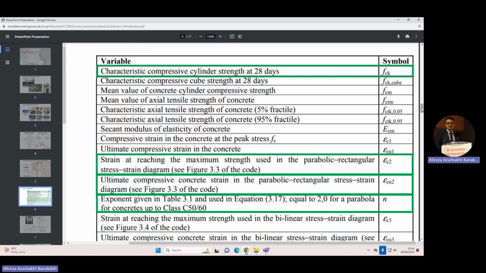Get the symbols fck, epsilon c2, epsilon cu2, and n. These are the parameters. Get the definition, what each is, and we come back to the table to get the values.